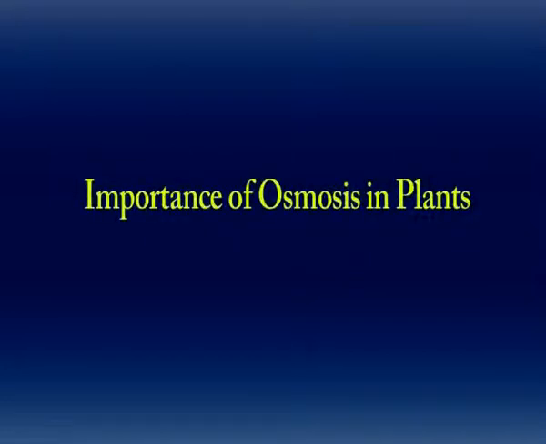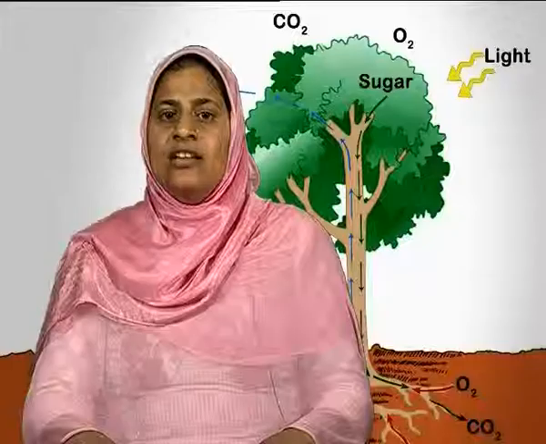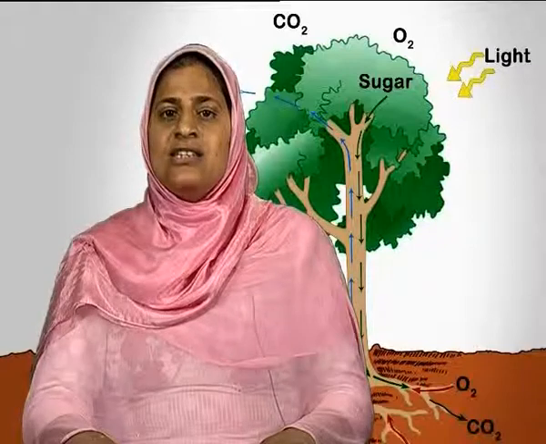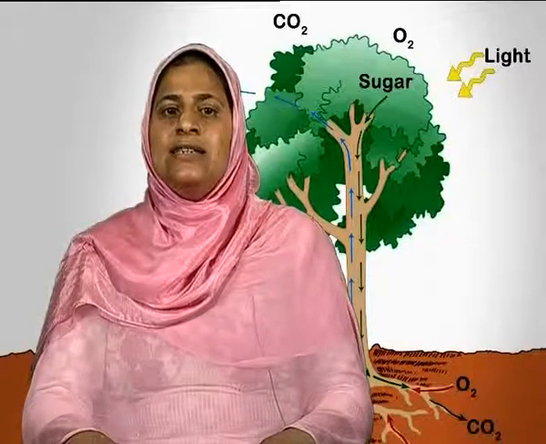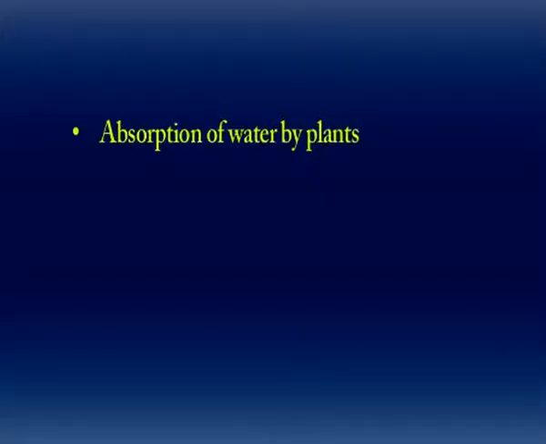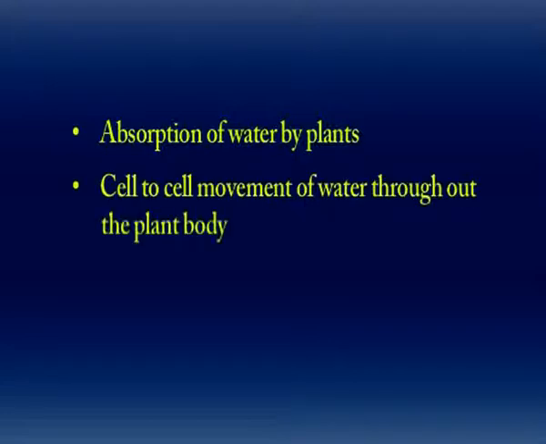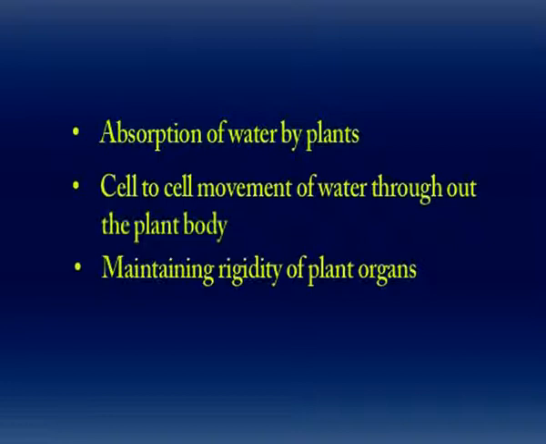Now, let us talk about the importance of osmosis in plants. The phenomenon of osmosis is important in the absorption of water by plants. It is also important in cell-to-cell movement of water throughout the plant body. The rigidity of plant organs, that is shape and form of organisms, is maintained through osmosis.